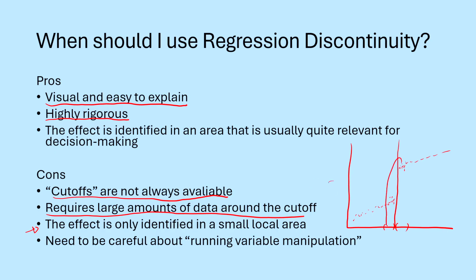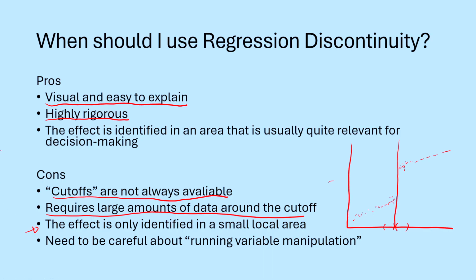Right around this discontinuity right here. Nowhere else. We're not finding the treatment effect over here to the right, and we're not finding the treatment effect over here to the left. We're just finding the treatment effect in that very narrow spot. And so if you're in some kind of situation where you need to be able to estimate things far away from the discontinuity, the regression discontinuity method is not going to be a great option for you.